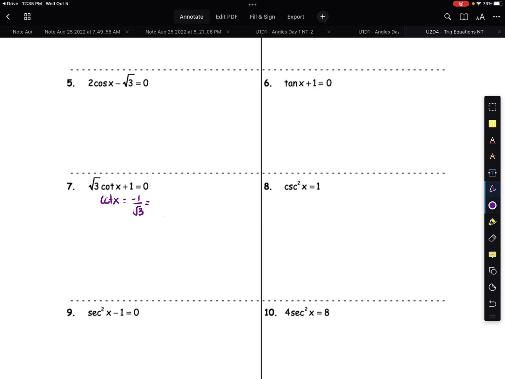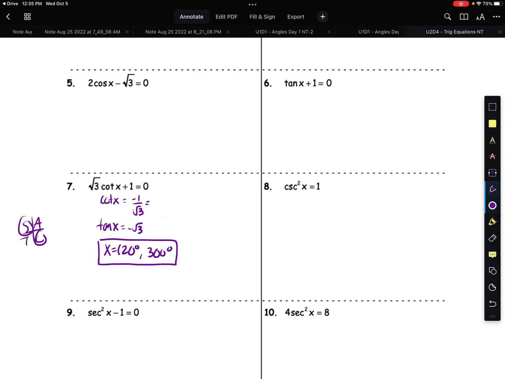If cotan equals that, then tan, just by flipping it, is negative rad 3 over 1, which we don't have to write the 1 on the bottom. So tan x equals negative rad 3. All right, ASTC, third and fourth quadrant, that rad 3 is dealing with 60 degrees. X equals 120 degrees. X equals 300 degrees.